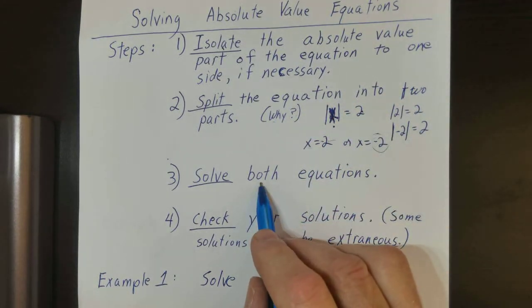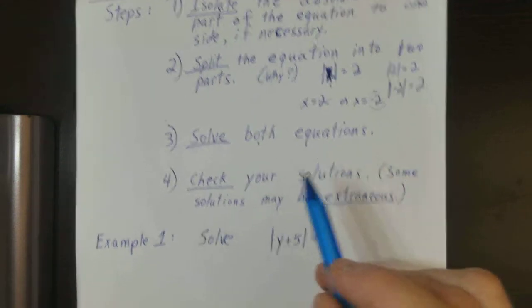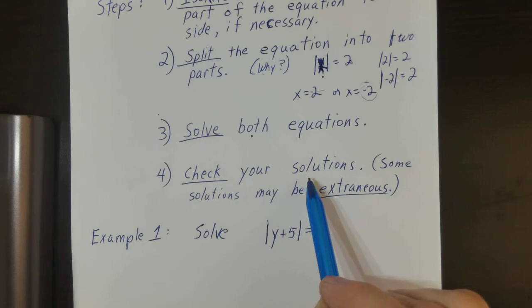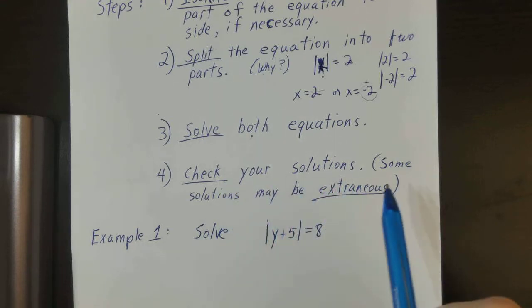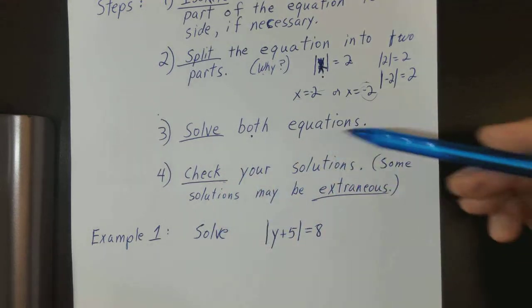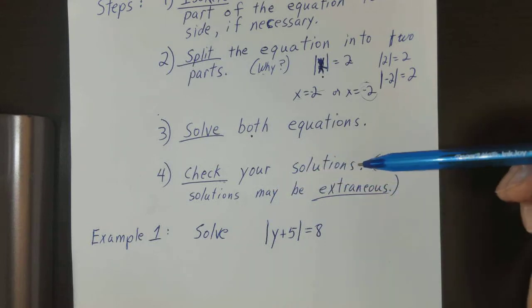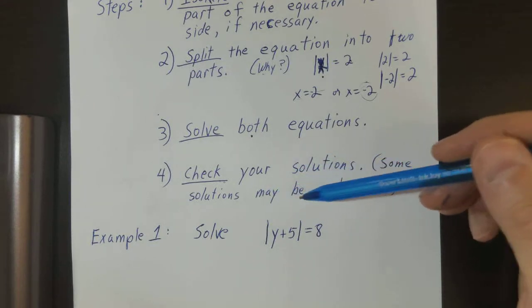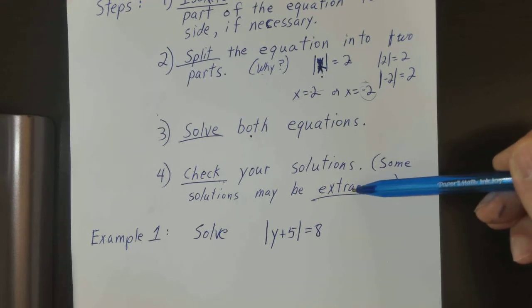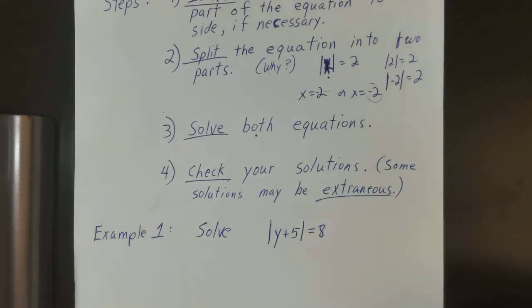You then solve both equations. And here's a very important step. You know, sometimes I always thought this is just busy work, checking your solutions. This is necessary work in absolute value, because sometimes you will solve using correct procedures and everything, not make any mistakes, and one of your solutions or both of your solutions may be extraneous, which means it doesn't work.